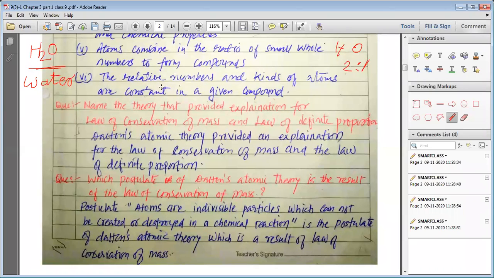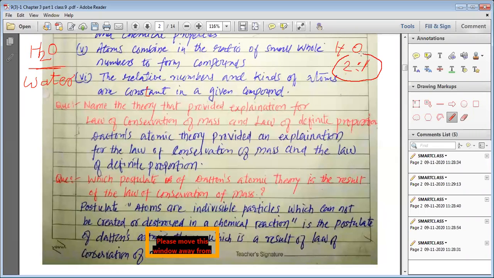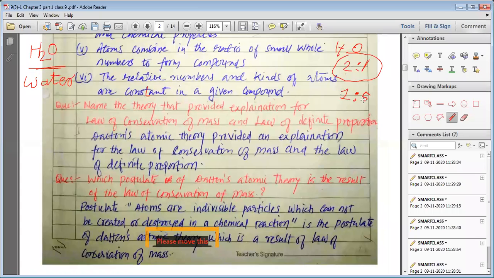The relative number and kind of atoms are constant in a given compound. If we take water, then the ratio of hydrogen to oxygen is always 2 is to 1 by number, or always 1 is to 8 by mass.